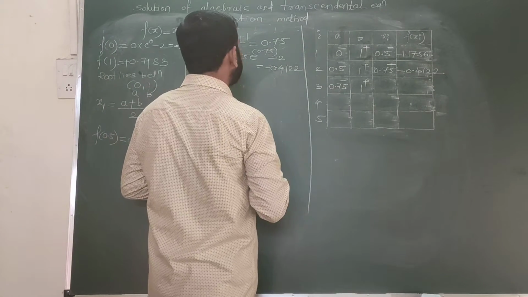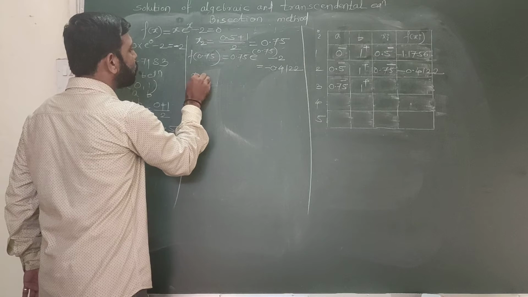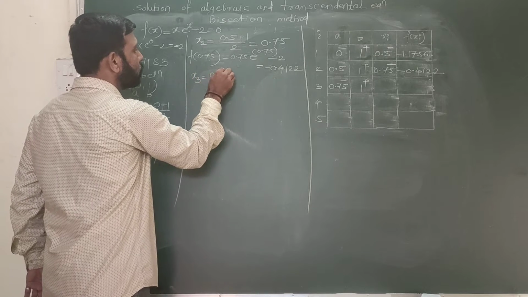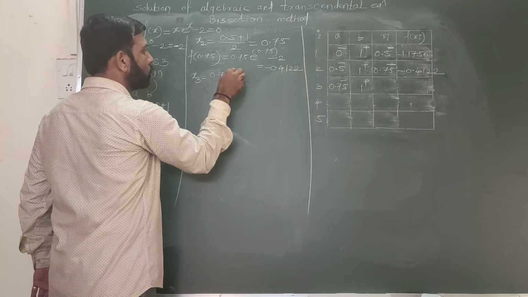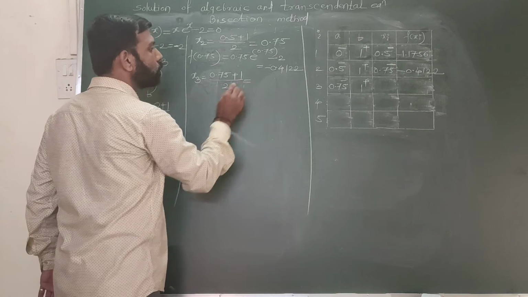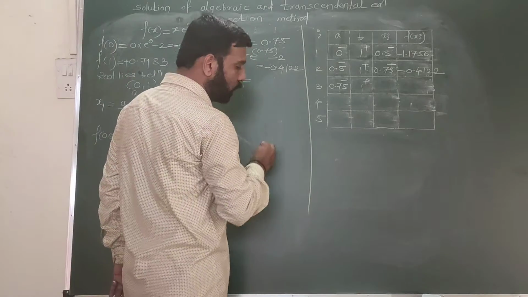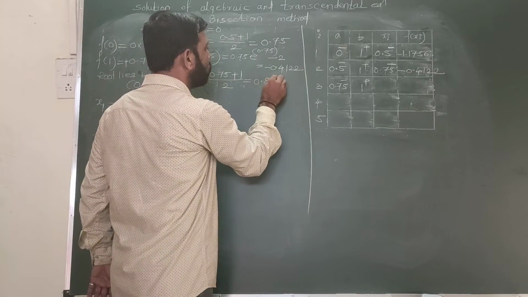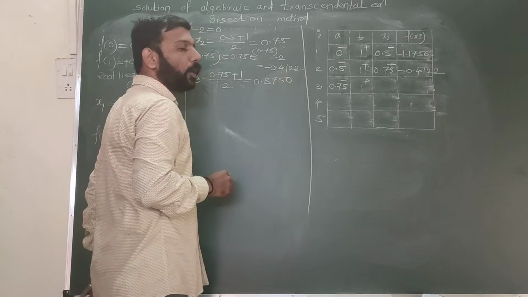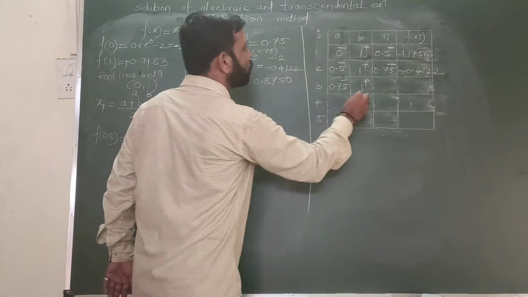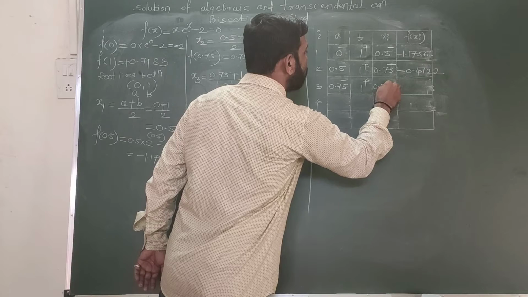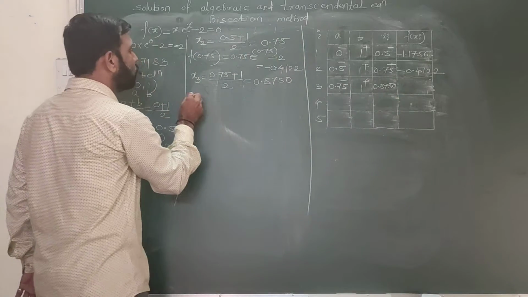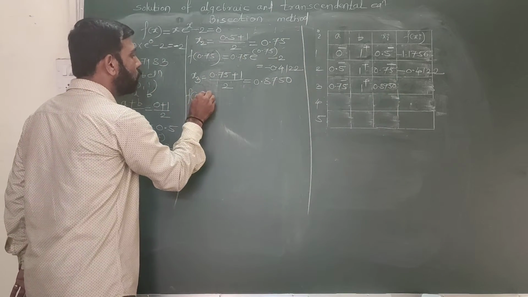The next interval becomes this one, x3 is a plus b upon 2, and the output is 0.8750. Put this in the polynomial.